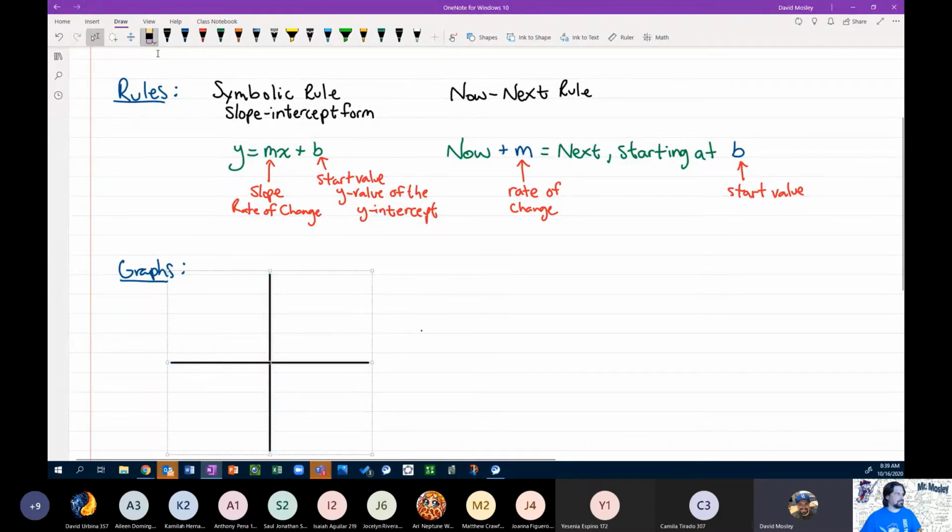So in a graph, the up and down line, the one that's going vertically, is our y-axis, horizontal is x. There are two main types of lines we've looked at: lines that are increasing in value. We can also have lines that are decreasing in value, which we've also seen.